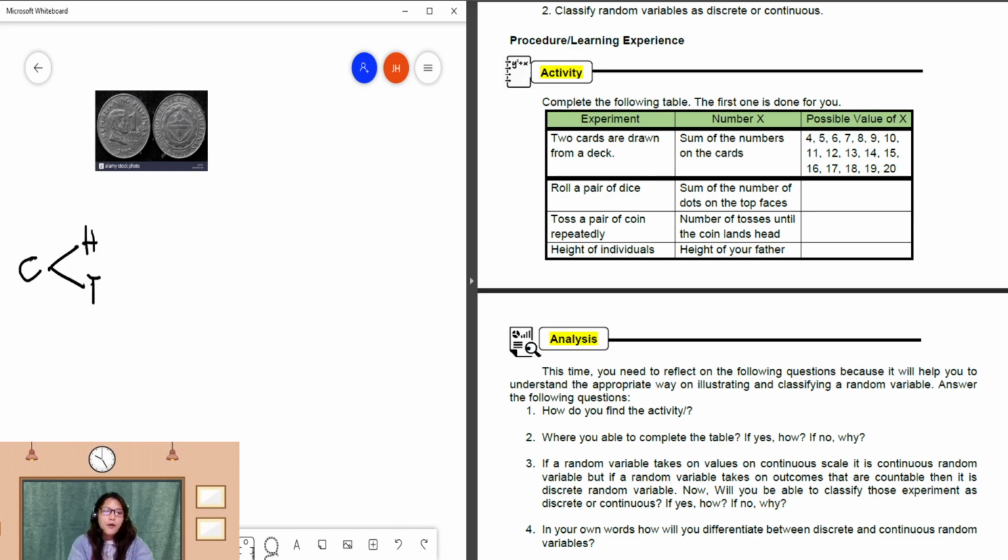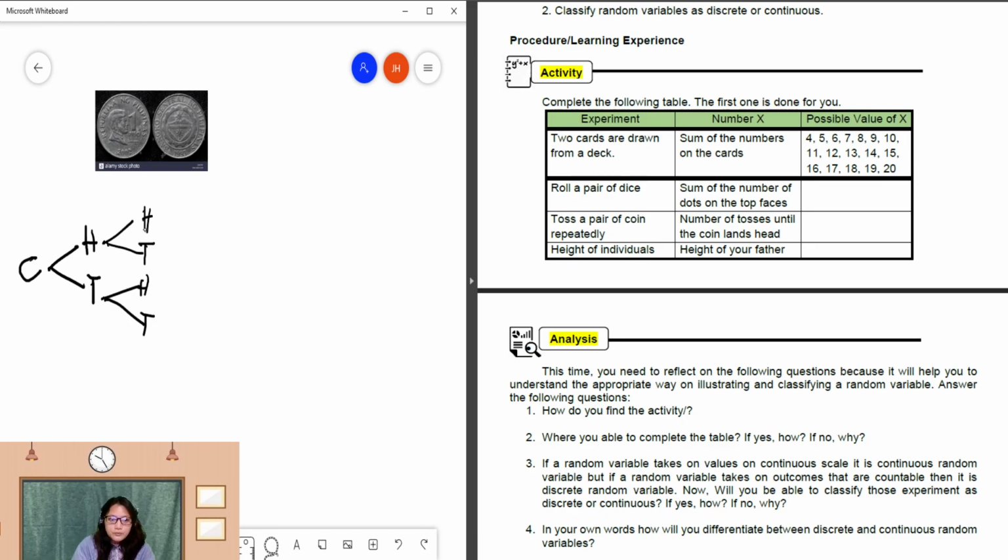Say for example, on your first toss, it could be head or tail. On the second toss, it could be head again or tail. This one also, it could be head or it could be tail. Right? It's possible. It could be head or tail. Or if we relate it to the weather, it could be rainy or hot. Right? Will it rain or will it be hot?